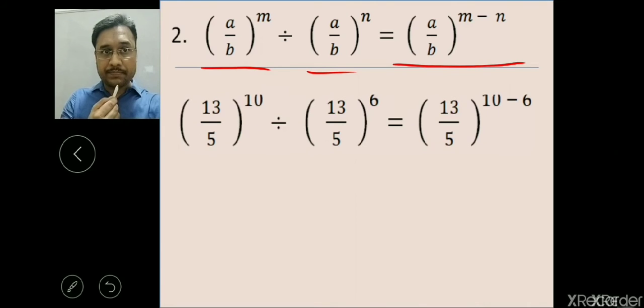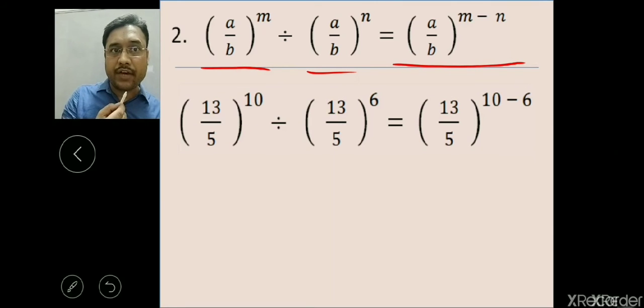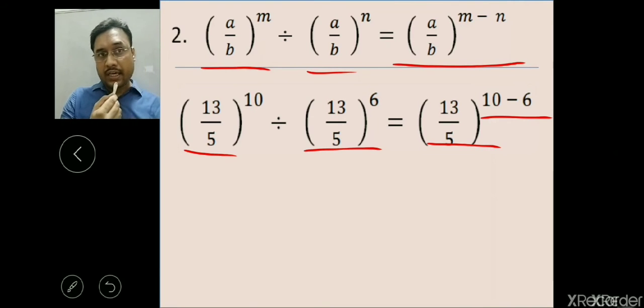For example, you can write (13/5) to the power 10 divided by (13/5) to the power 6 is equal to (13/5) to the power 10 minus 6, meaning you subtract the powers and write the number with the same base. Here also the base is the same, 13 by 5 and 13 by 5.